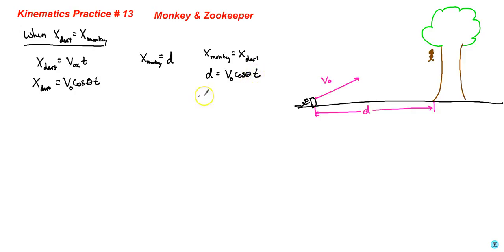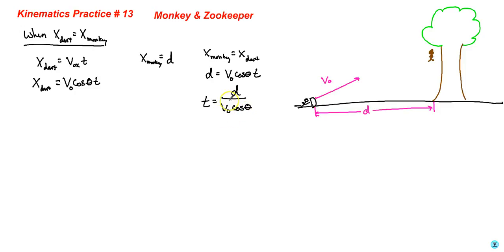That time occurs when t equals D over v sub o cosine theta. All I did was, when the dart and the monkey are in the same X position, that same horizontal distance, it needs to be at a time of D over v sub o cosine theta.